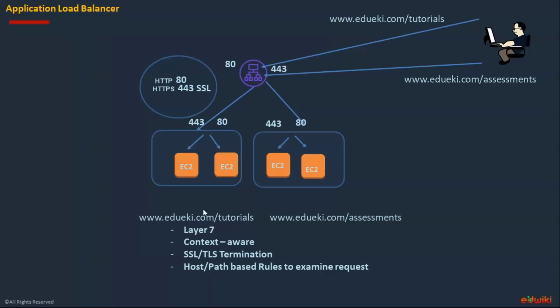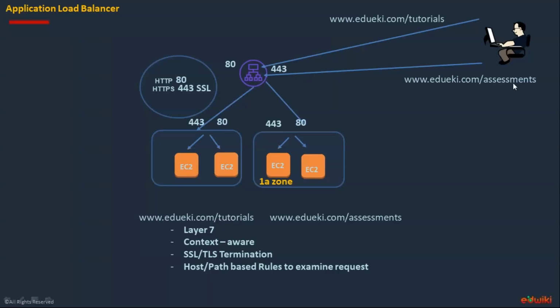For tutorial related features, I'm maintaining high availability by keeping 2 servers in my target group. For assessment related features, I'm maintaining 2 servers for high availability in a different target group. Now I can tell my load balancer that if the request is coming for /tutorial, send it to the target group that provides the tutorial.